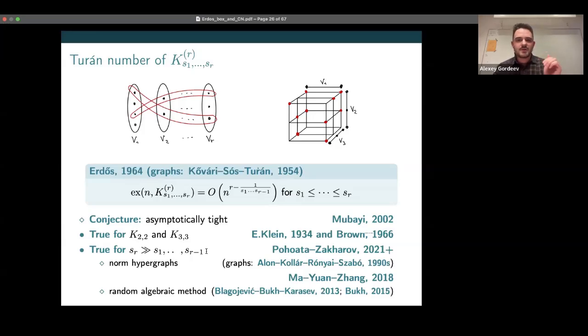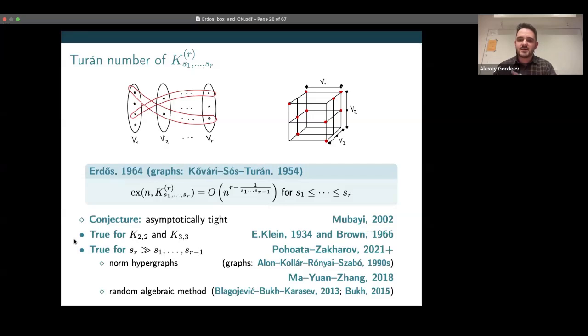And this has been done in the 90s for graphs, basically when s_2 is much larger than s_1, in a series of works by Alon, Kollár, Rónyai, Szabó. And recently it was generalized to hypergraphs by Pohoata and Zakharov. And the construction in this case is, again, algebraic in nature.